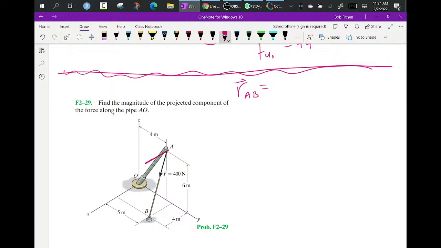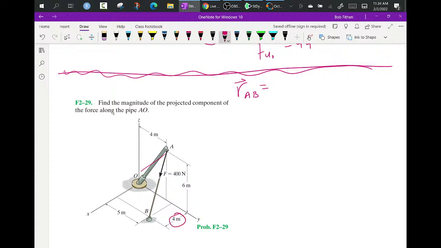I'll go that distance, then I'll go a distance here, and then this is not working out very well. Here we go. Maybe I'll just do it visually. So how far in the X would I need to go?